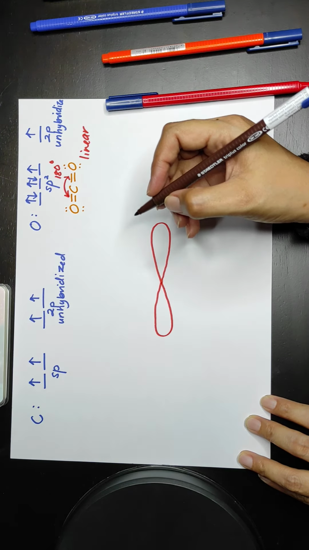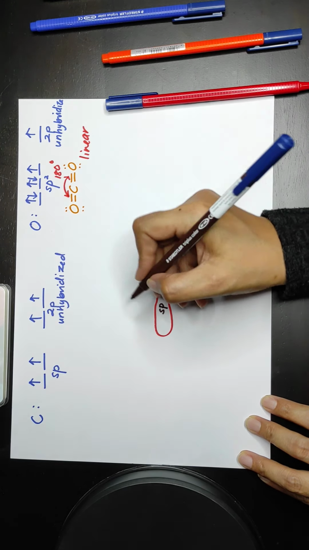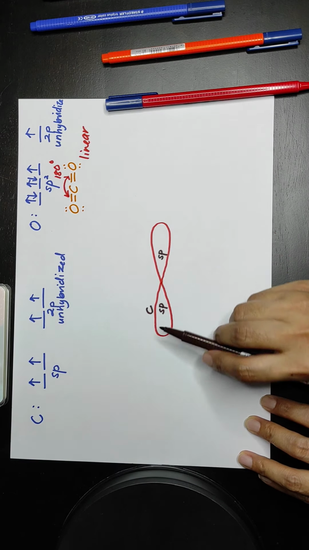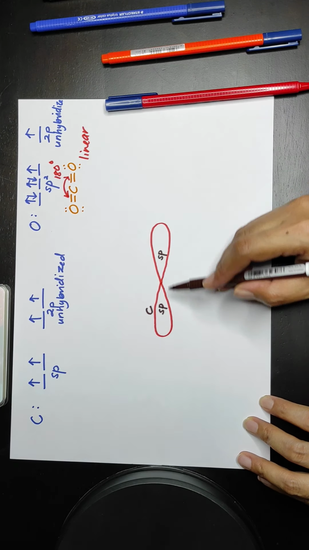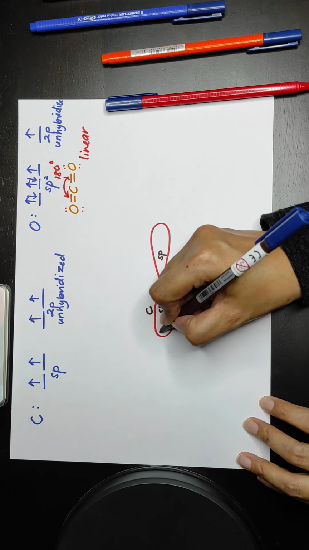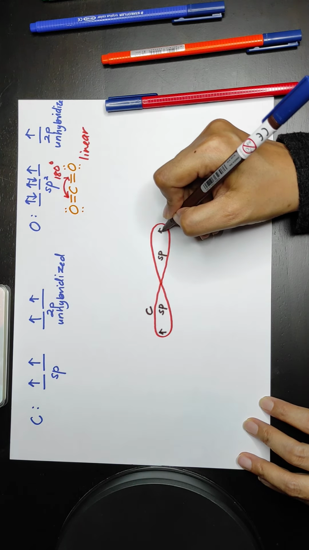Okay, so let me label it here sp. So let's say I put the label carbon here. Alright, so in each sp hybrid orbital of carbon, one unpaired electron occupies.